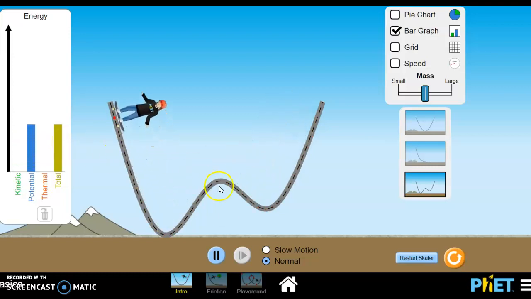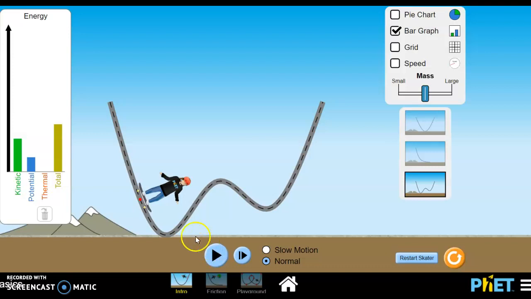Yay. So as this person goes across the track, there is something kind of interesting that we find when they get to certain points, especially when they have the same amount of energy at points on the track. If we move them down, you see that kinetic energy is increasing and potential energy is decreasing. As they move back up, potential energy is increasing again, and kinetic energy is decreasing. But notice that when they get up at the top, and as they go over here, it's not that their potential or kinetic energy are 0.